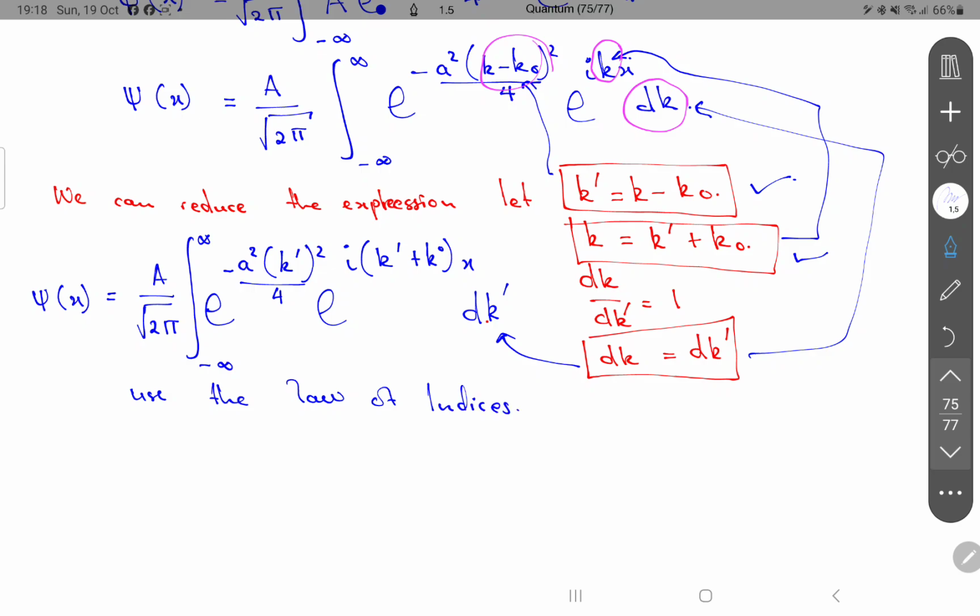I'm trying to show every detail so that people don't say quantum mechanics is difficult. It's not difficult.